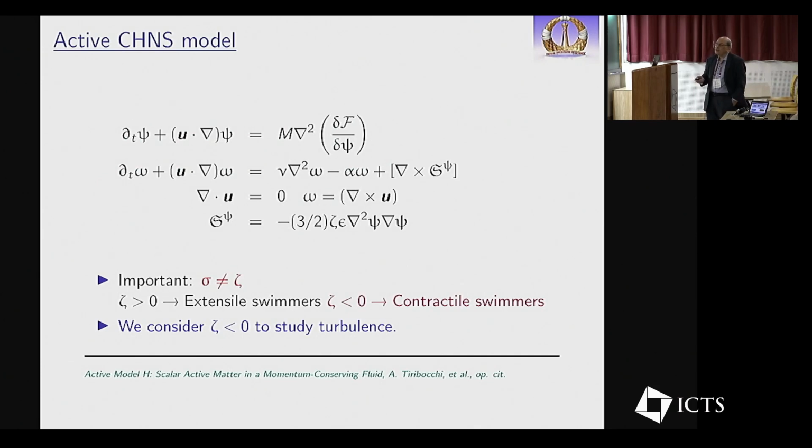If sigma is equal to zeta, we are back at good old Navier-Stokes, but if sigma is not zeta, then it's a model for extensile swimmers. And if it is less than 0, then it's a model for contractile swimmers, for example, like C. Reinhardti. So we will consider zeta less than 0.